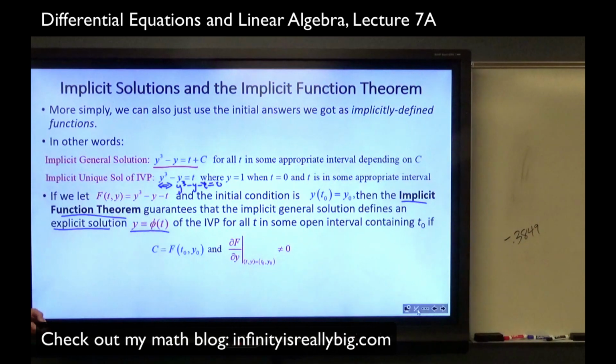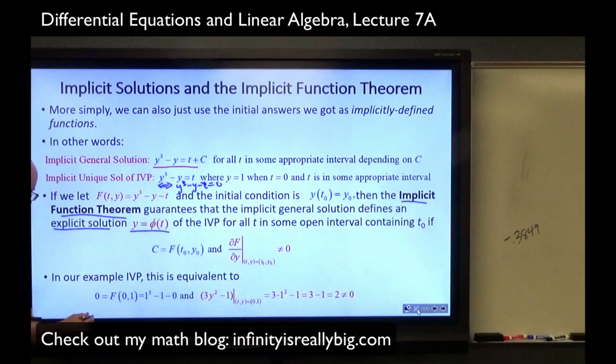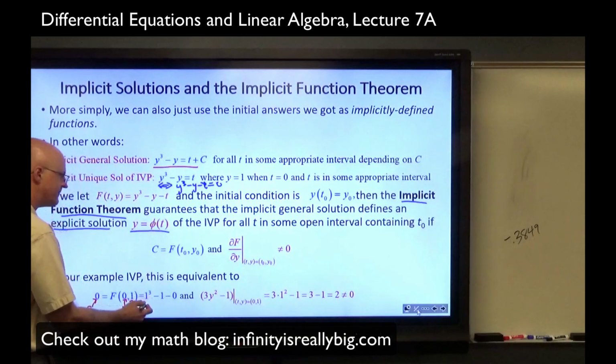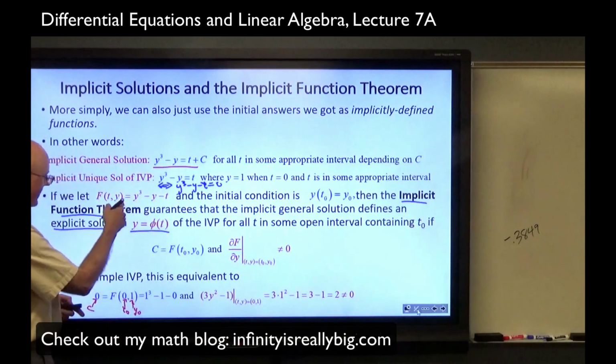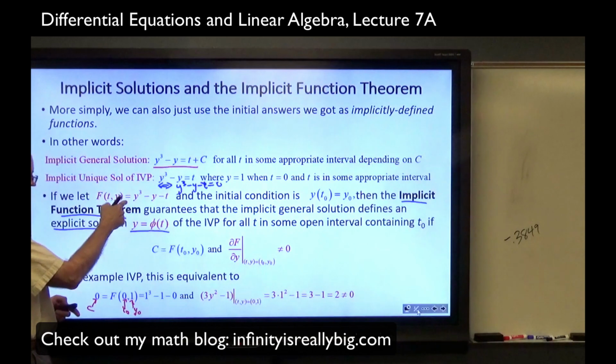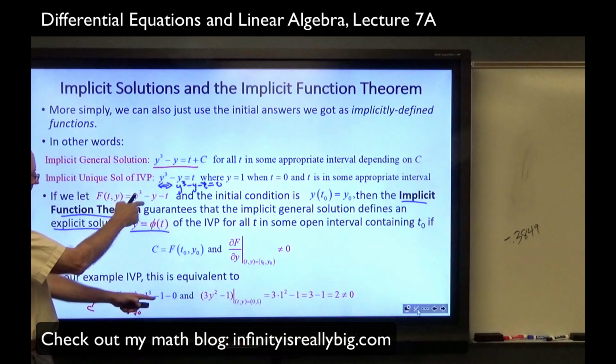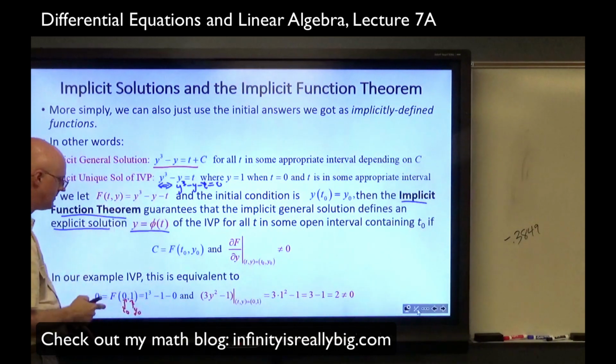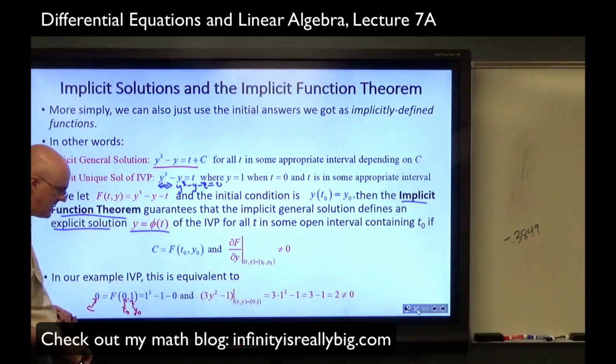Kind of abstract. In the context of this initial value problem, these conditions are equivalent to these. The c is 0, there's the c. There's t0, that's 0. There's y0, that's 1. That equals, well, when you plug it into the function capital F, replace t with 0 and y with 1, you'll get 1 cubed minus 1 minus 0, which is 0, which is c.